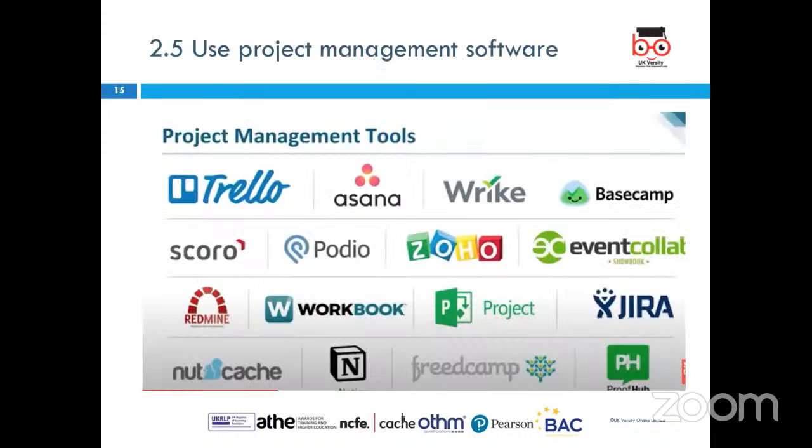Now we're going to look into the tools, some of which we mentioned yesterday. What I've used personally, from my experience, was a Gantt chart in Microsoft Excel, and also Trello.